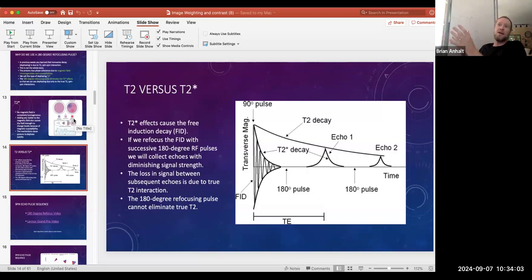So we would get an echo again, just not as much as we would with the 180. There's a lot of quantum physics aspects of this that break down this model. But we typically would not send in another 90 again until transverse magnetization is completely gone and we have longitudinal recovery, because the 90 is what takes longitudinal magnetization and flips it into the transverse plane.